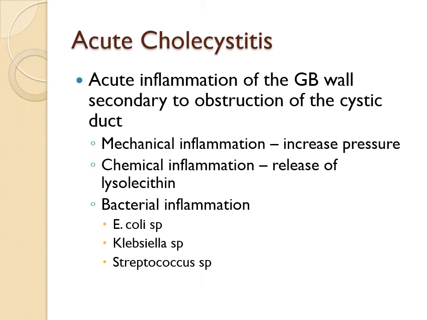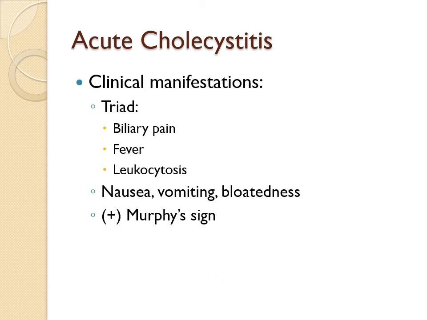The obstruction would trigger the release of your lysolecithin, triggering further the inflammatory cascade. And of course, the bacterial inflammation. So you can have secondary infection inside the gallbladder, and the most common organisms are your E. coli, Klebsiella, and Streptococcus.